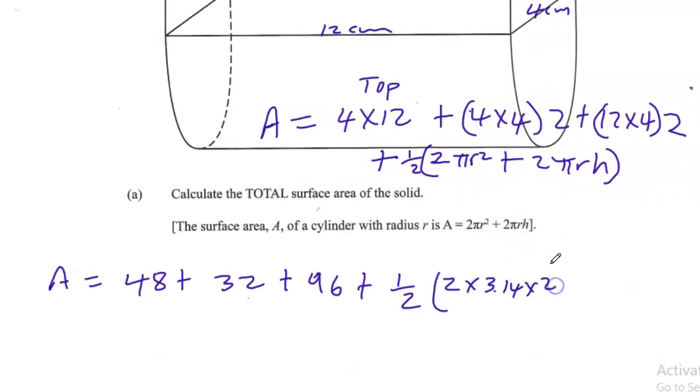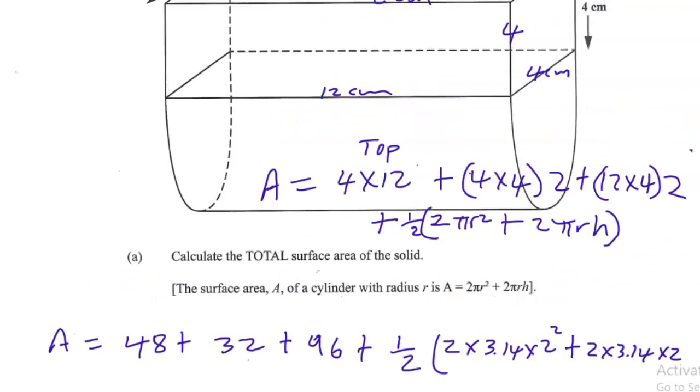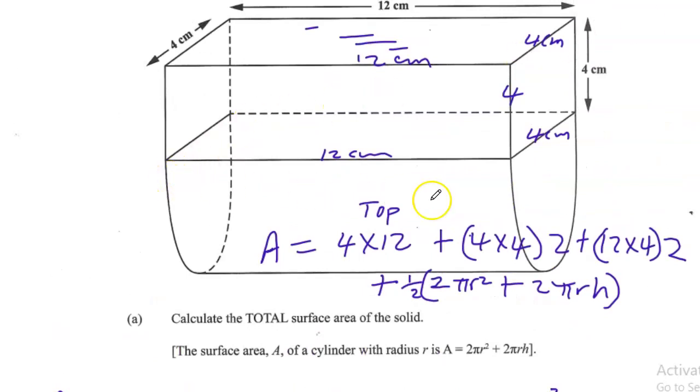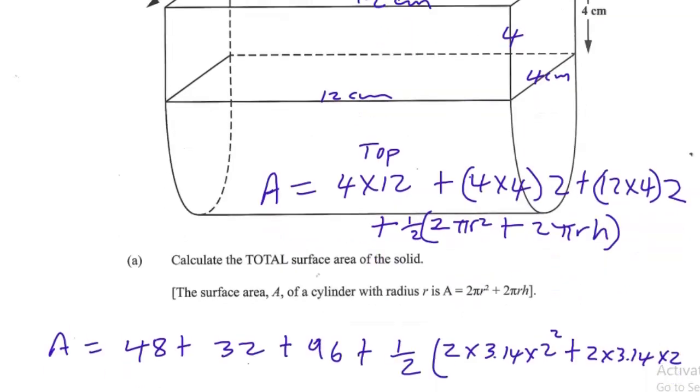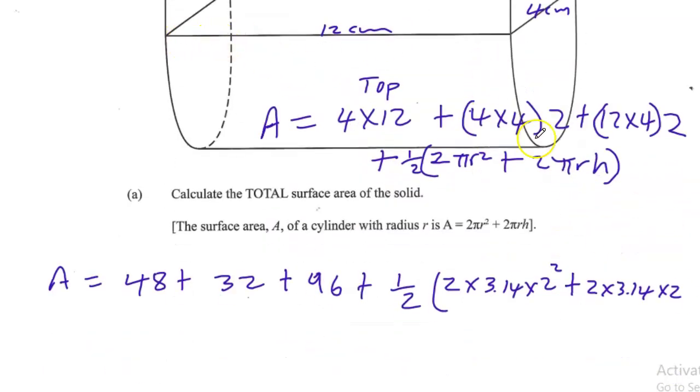So 2 square plus 2 times 3.14 times 2 times the height. What's the height? The height of the cylinder would be from one end of the cylinder to the other end, so that would be 12. So times 2 times 12.